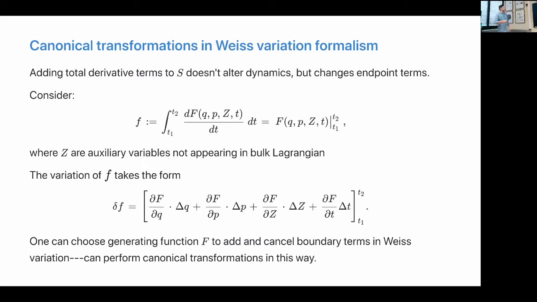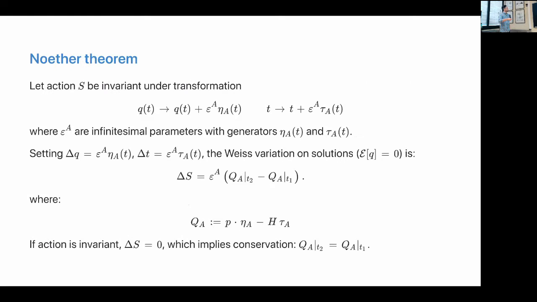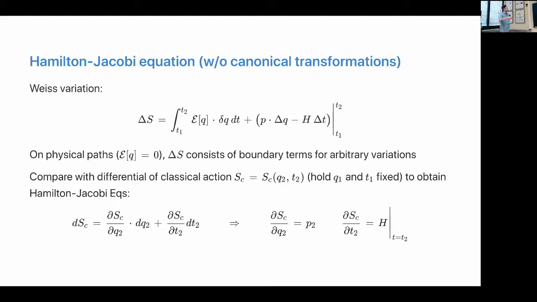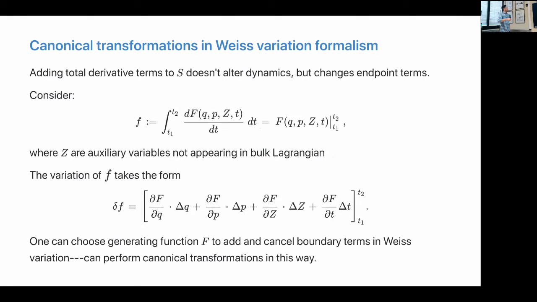You can choose the functional dependence of f on q to cancel out this piece in the original Weiss variation, and then you can exchange the q's and p's, and so that's one way.